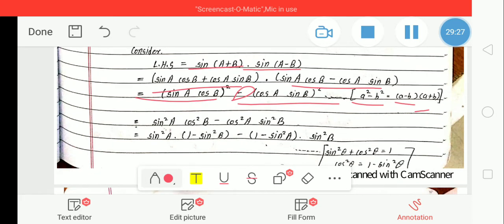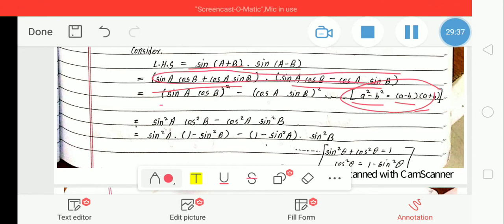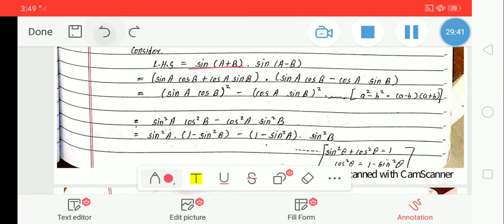Now sin square a cos square b minus cos square a sin square b, we use this formula in this equation, so we get this one. Now squaring this bracket, sin square a cos square b minus cos square a sin square b.